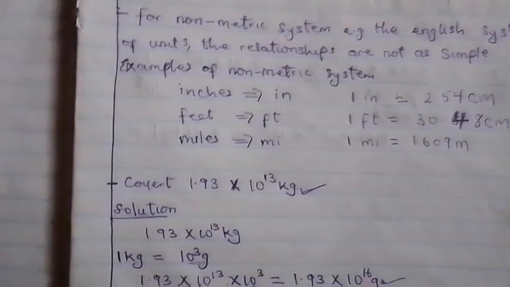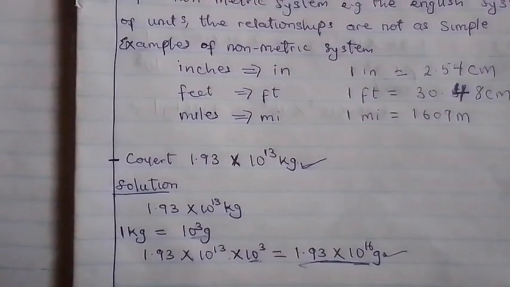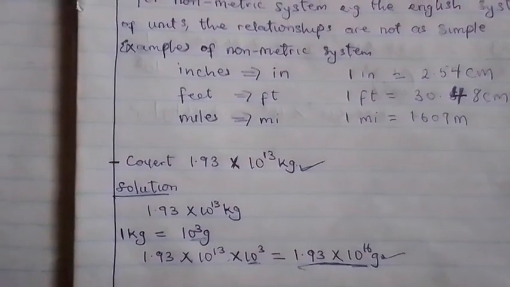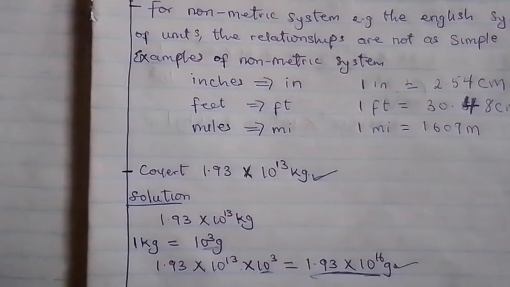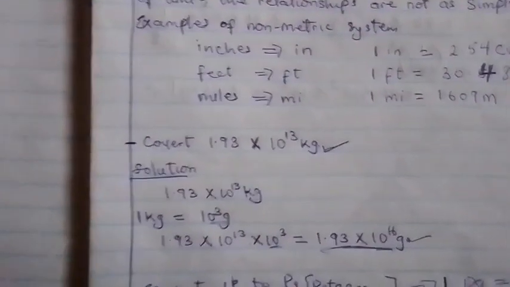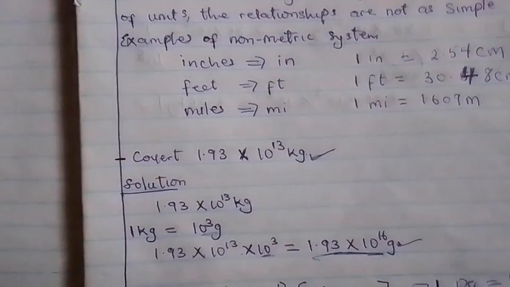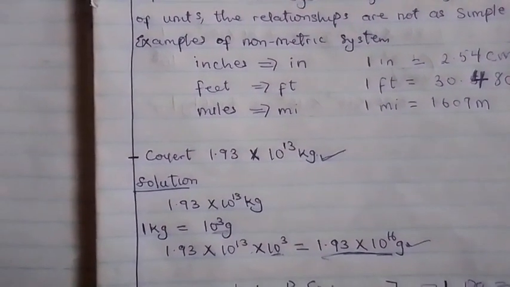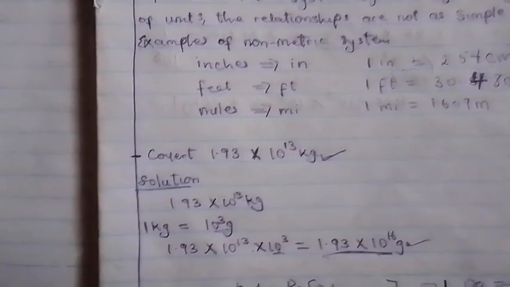Now let's look at a quick example. Convert 1.93 times 10 raised power 13 kilogram to gram. So how do we do that? It is kilogram we want to convert to gram. Whatever we want to convert will be on the left side, and what we want to convert to will be on the right side. The rule of thumb is that you start with the base conversion.